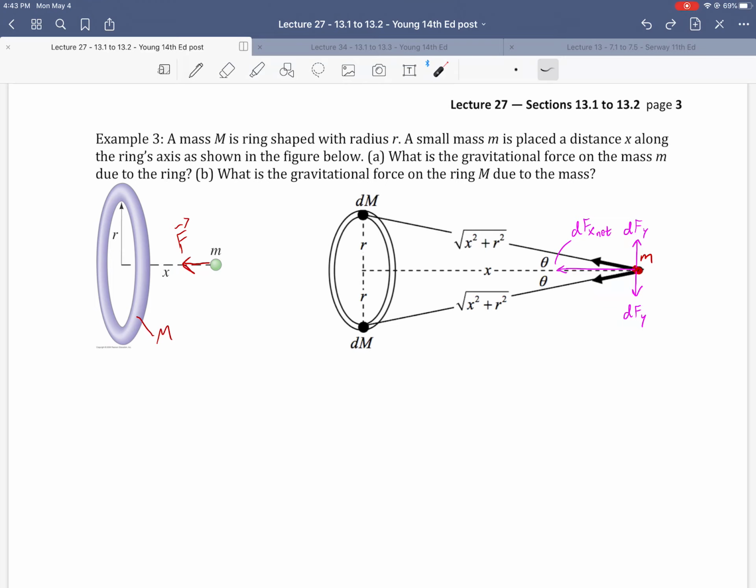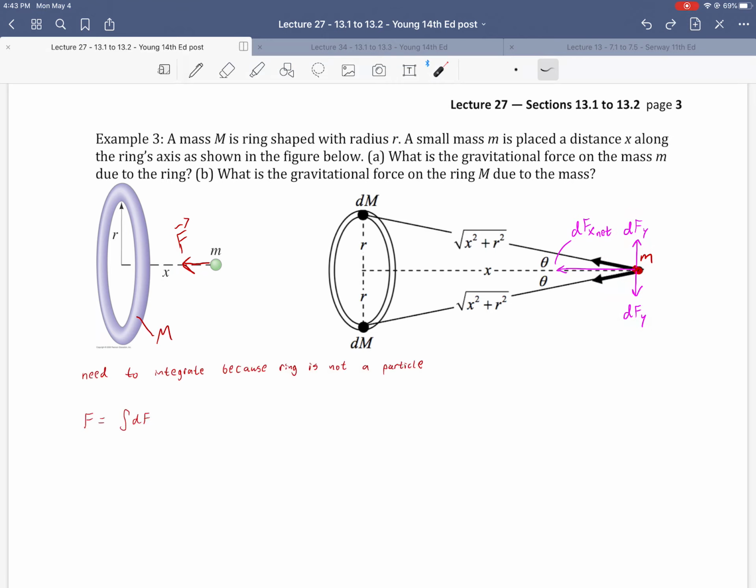On the other hand, the gravitational pull in what I call the x direction would sum up, because these two darker vectors are the gravitational pull from these two mass elements, and we can see that the vertical components of those vectors are equal in magnitude but opposite in direction, whereas the horizontal components are equal in magnitude and in the same direction, so they actually add together rather than cancel out.